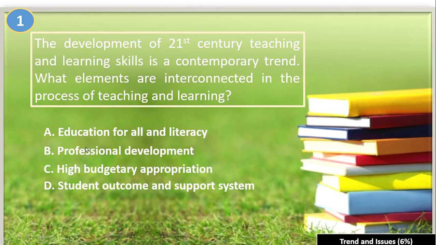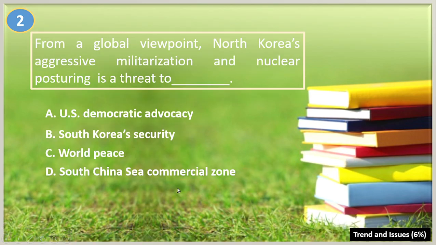A. Education for all and literacy. B. Professional development. C. High budgetary appropriation. D. Student outcome and support system. The answer is letter D. Student outcome and support system.